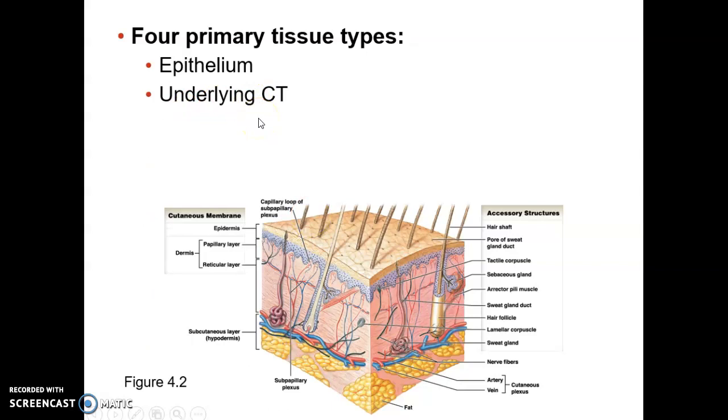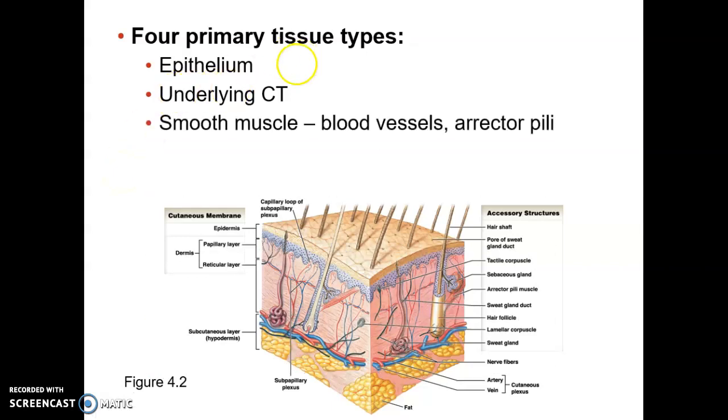There's underlying connective tissue, areolar and dense irregular connective tissue. There's also smooth muscle in the integumentary system. There are blood vessels in the underlying connective tissue, which is called the dermis. It's vascularized. If you remember, the epithelium, or the epidermis, the epithelial layer is avascular.